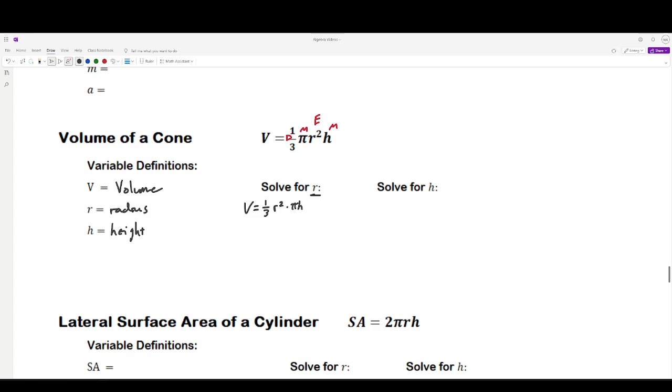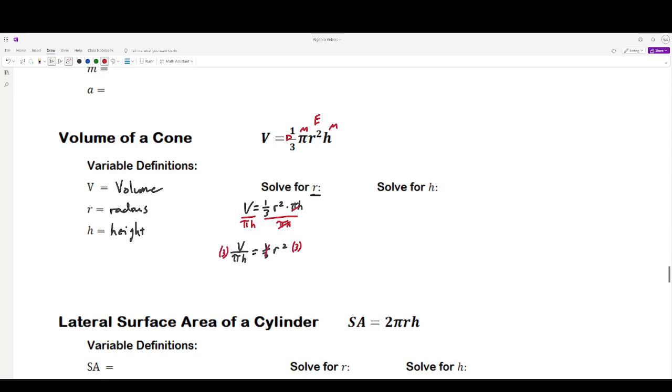Again, you don't have to write that. I'm just showing you I'm thinking of pi and h together because they're both multiplying. We're going to divide both sides by pi h. And then on the left we have V over pi h equals 1/3 r squared. Next we need to get rid of this division by 3, so we multiply by 3.